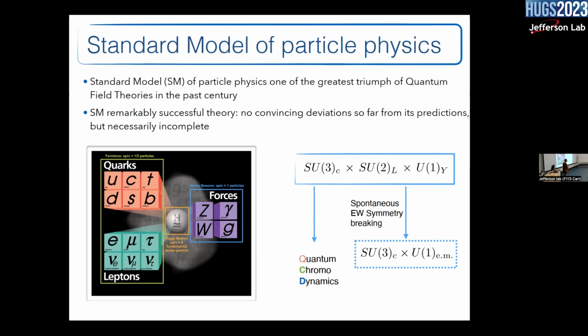I think the truth is somewhere in the middle. Very good. But we know, on the other hand, that it is necessarily incomplete. So there must be something beyond, some phenomena that the standard model cannot describe. And this is something that I want to mention in the very last lecture when we look beyond what we have.